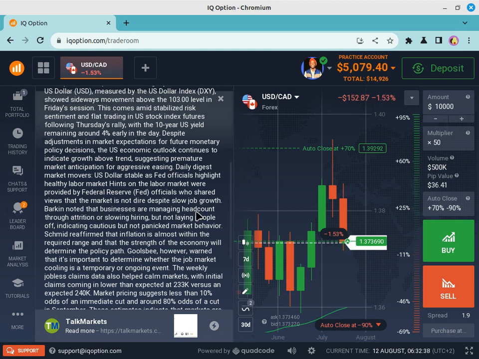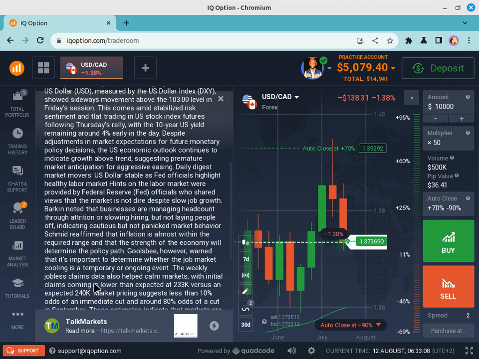Bostic noted that businesses are managing headcount through attrition or slowing hiring, but not laying people off, indicating cautious but not panicked market behavior. Musalem reaffirmed that inflation is almost within the required range and that the strength of the economy will determine the policy path. Goolsbee, however, warned that it's important to determine whether the job market cooling is a temporary or ongoing event.